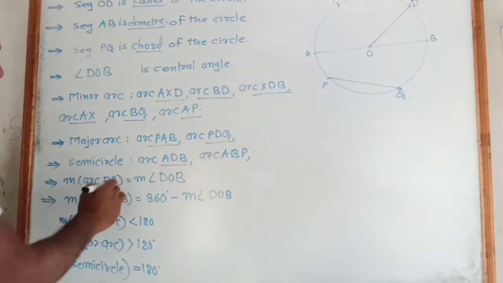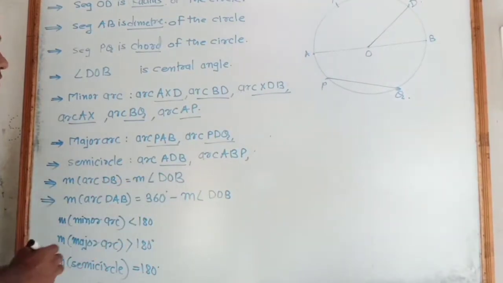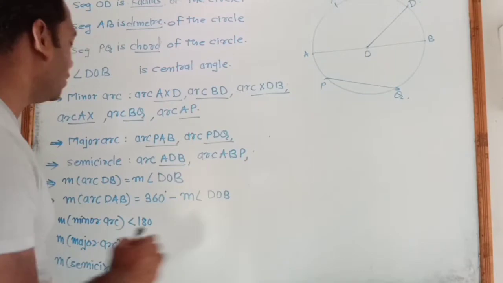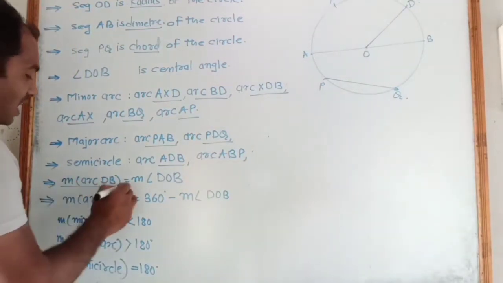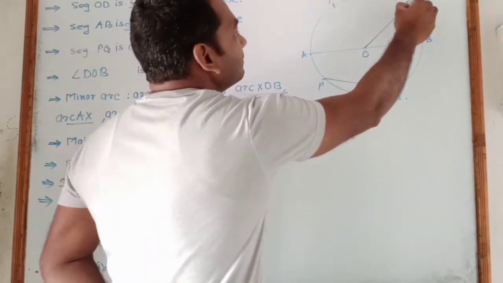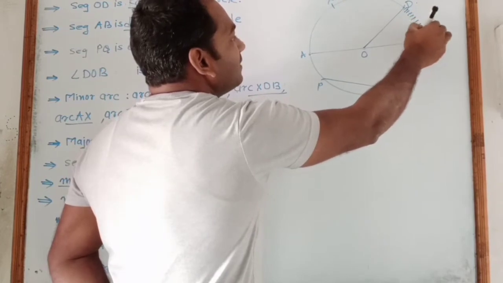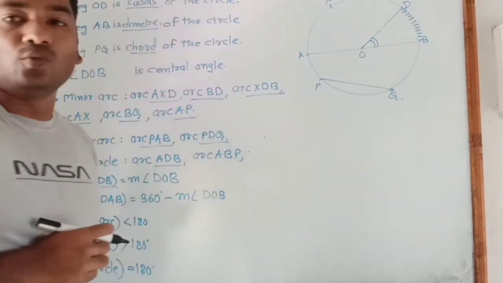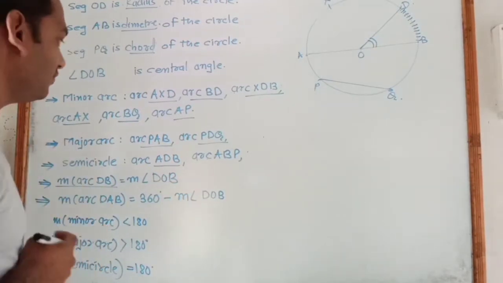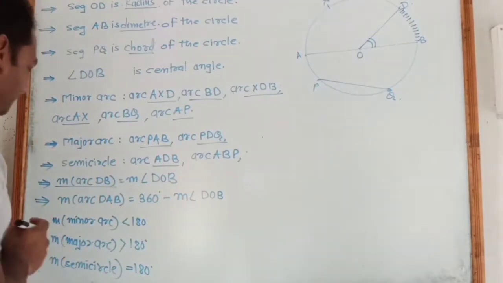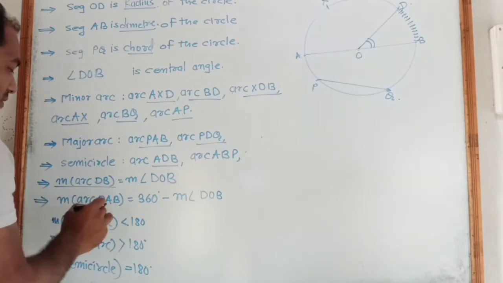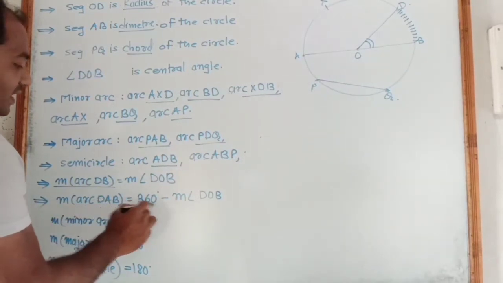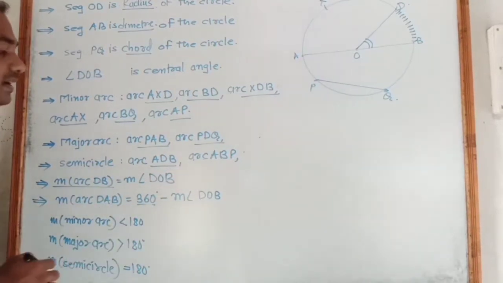Now measure of arc DB is equal to measure of angle DOB. This is a very important thing. See, arc DB, where it is here. This arc DB measures equal to the central angle DOB. This is a very important property. Now measure of arc DAB is equal to 360 minus measure of angle DOB.